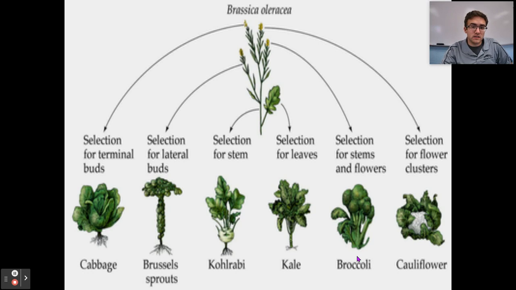So with broccoli, there's very low genetic diversity, which is good because we learned how to maximize crop yield. We get a lot of broccoli per plant, but it's bad because if a disease comes in, it can wipe out our whole broccoli population.